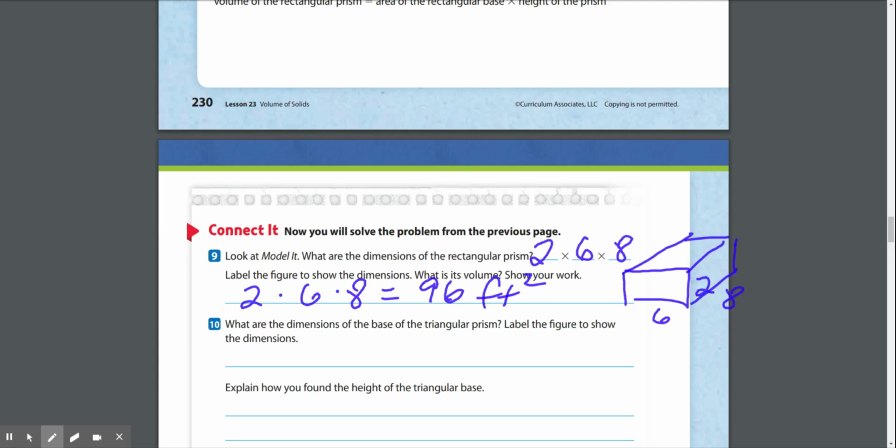So the dimensions of the base of the triangular prism, just the base, not the whole prism, was this height, the dashed line here, 3.5 feet, and the front 6 feet.